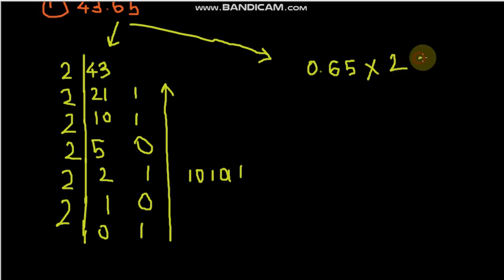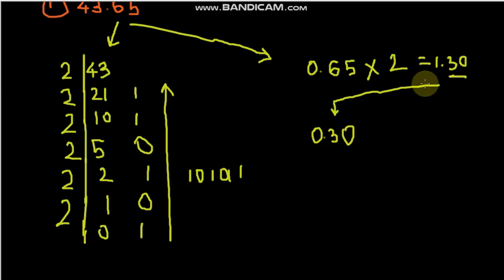What do we get? We get 1.30. Now this 0.30 we write down here, and the 1 we write on the right hand side.